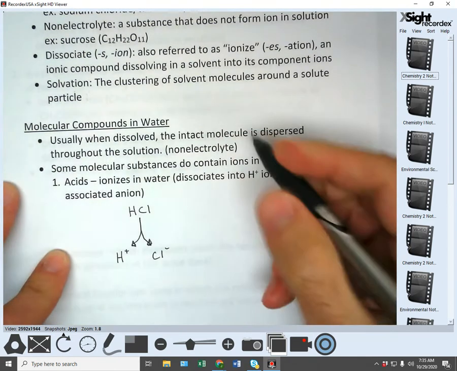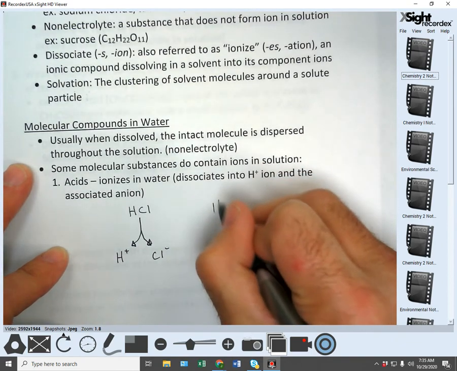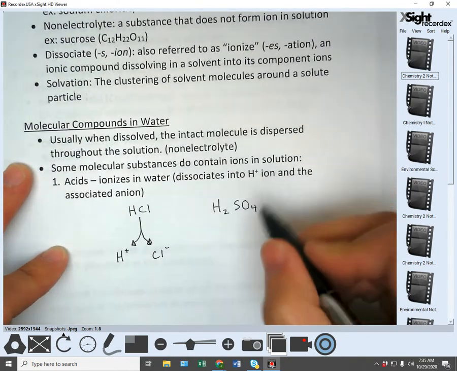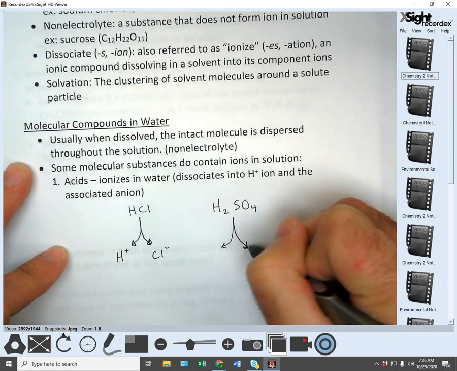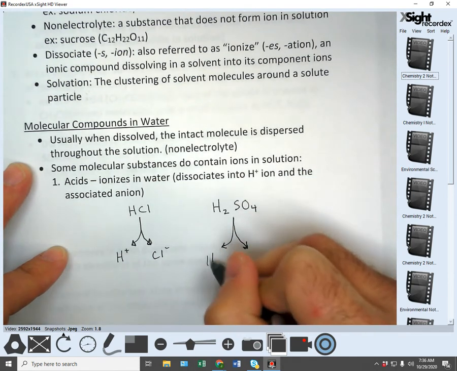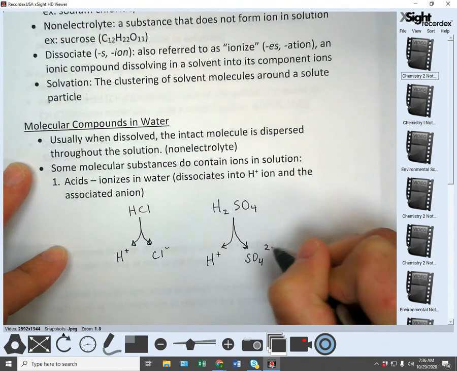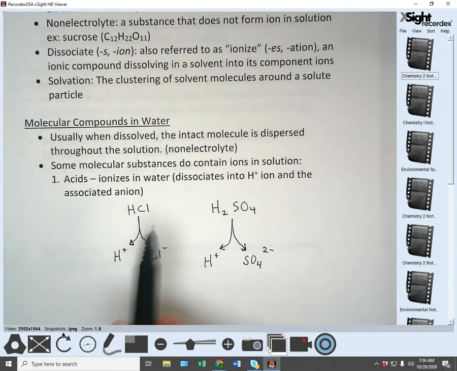You take something like sulfuric acid, that will ionize into H plus and the sulfate, SO4 2 minus ion. So that's molecular, but an acid does ionize.